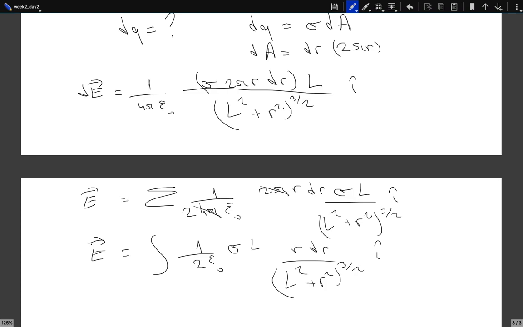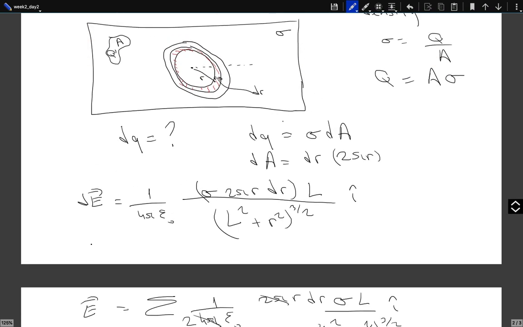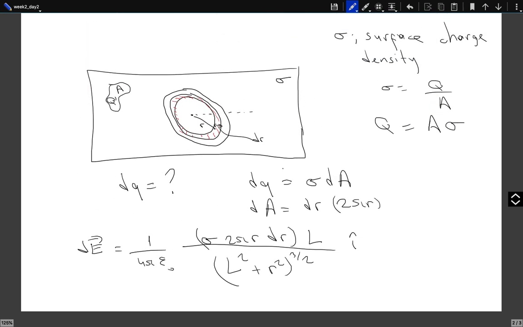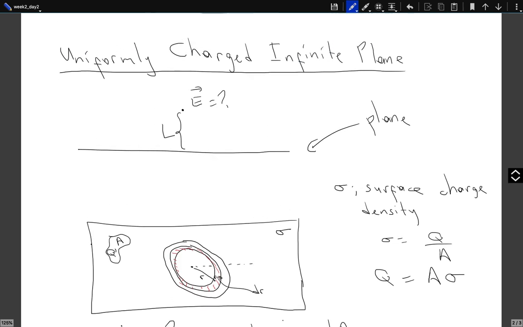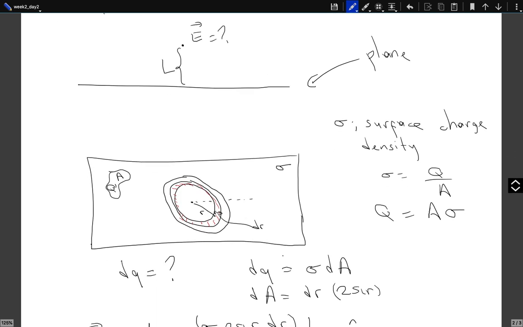What are the limits of R? I have to put some limits to evaluate this integral. Well, if you go from ring to ring, dr is essentially the change in the radius of the rings.